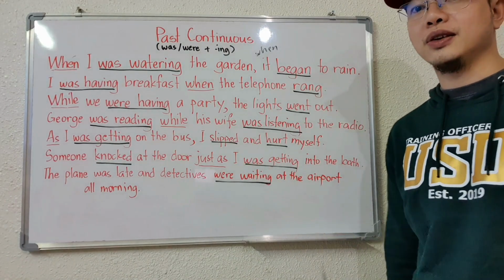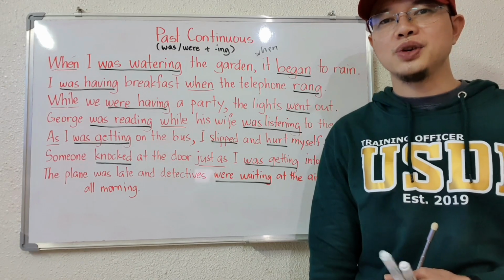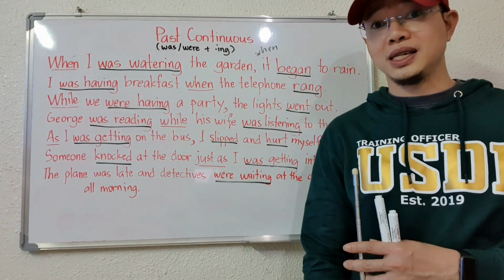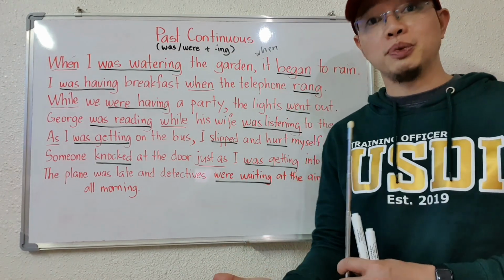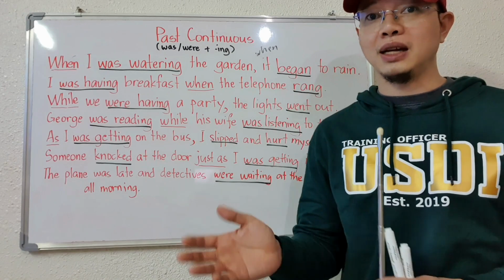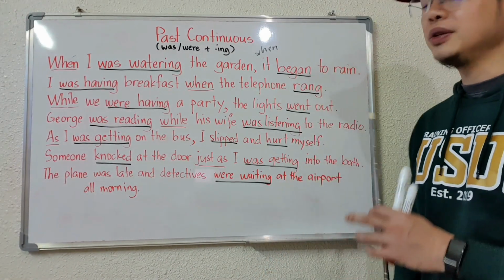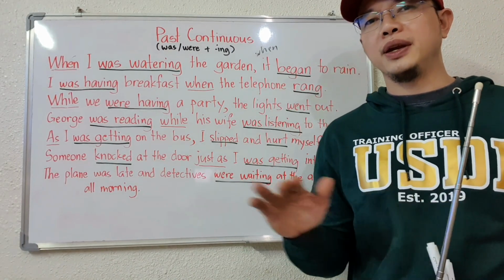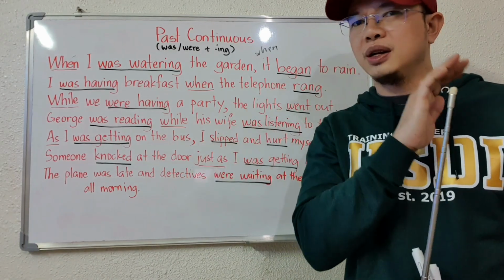By the way, past continuous doesn't always express an action that is contrasted with a sudden or quickly completed action shown in the simple past. It doesn't always follow like that, but normally it is. There are also situations where it only expresses an action happening at a certain point of time, or over a period of time.